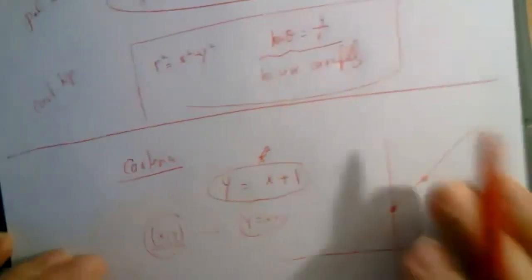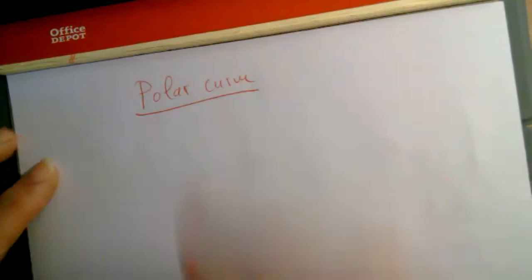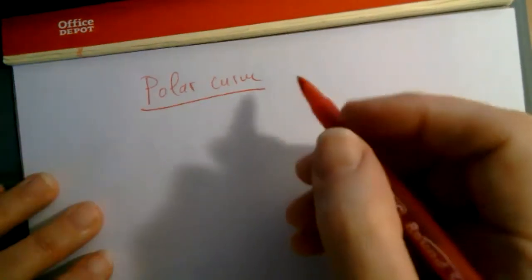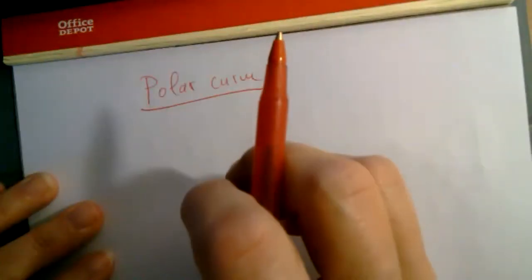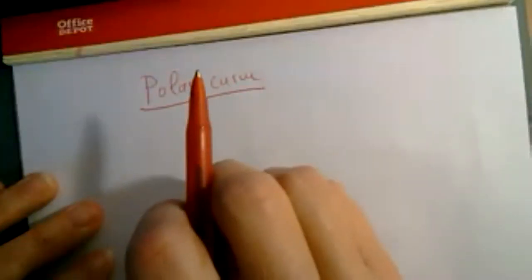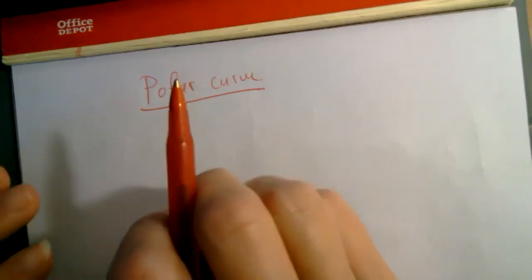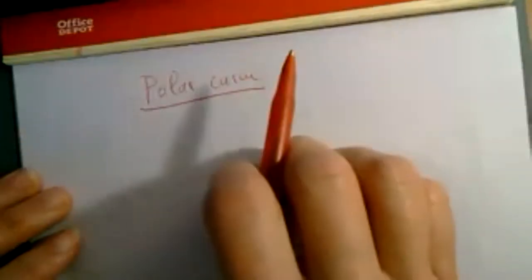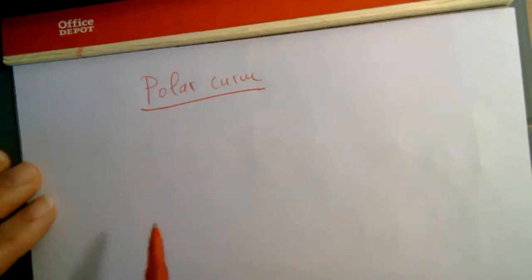Now we're going to do similar but different. Right now, what we're going to do is we're going to sketch polar curves. So it means we're going to have an equation that relates the polar coordinates to each other, not the xy coordinates. And we need to sketch all the points whose polar coordinates will satisfy this equation.